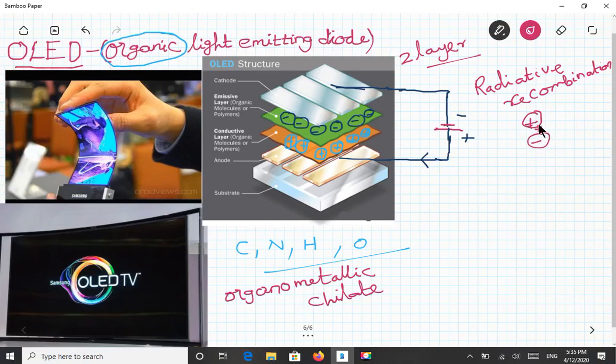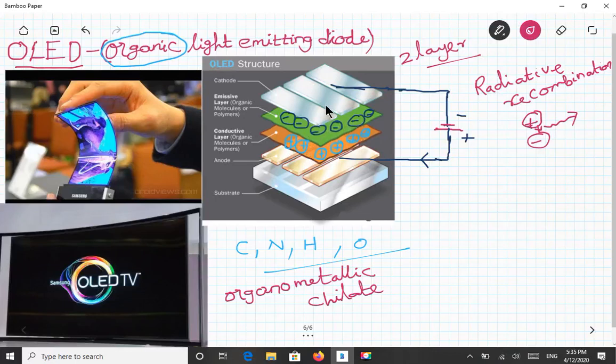Hole and electron get joined and produce a photon, so it is known as radiative recombination. As with LED, here also the same principle is used, but the difference is that here we are using organic polymer material. So this is called the emissive layer, and this one is called the conductive layer.